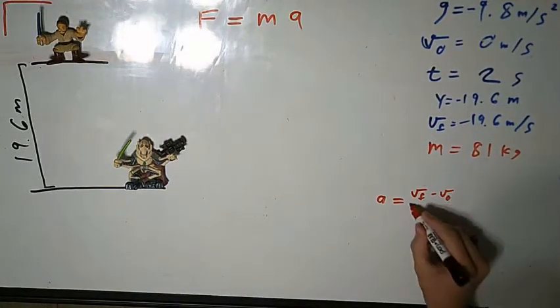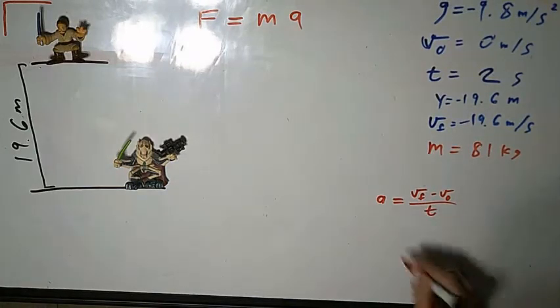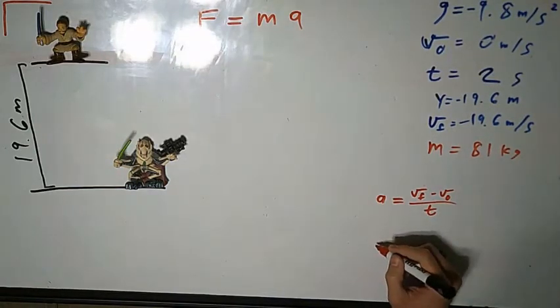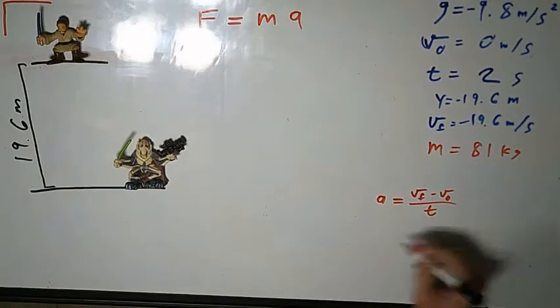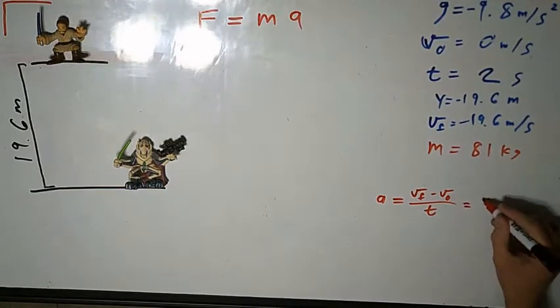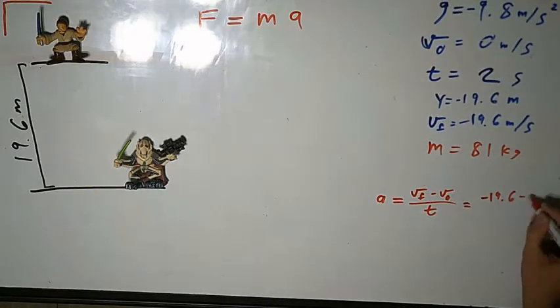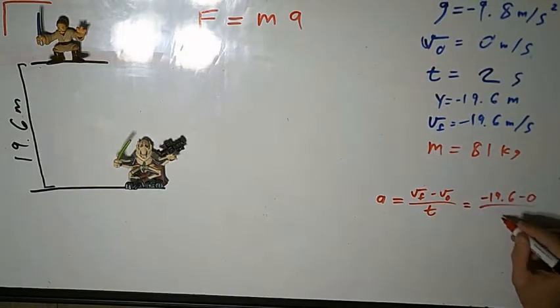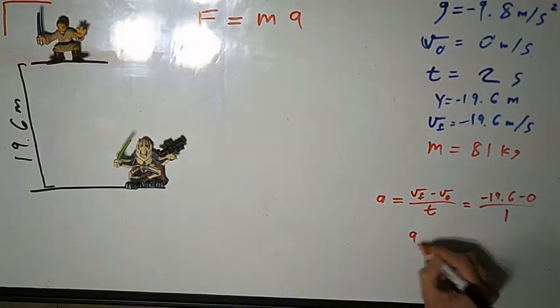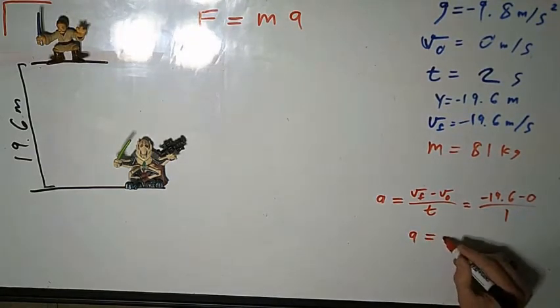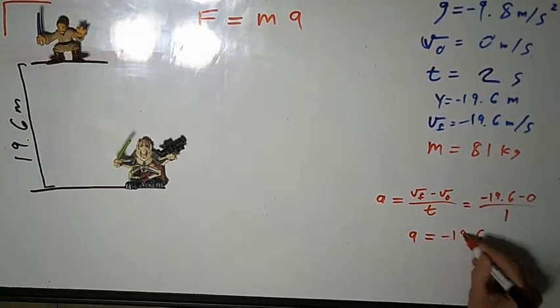Acceleration is equal to velocity final minus velocity initial, the change in velocity over time. So our acceleration is equal to negative 19.6 meters per second minus 0 meters per second. Because we can't divide by 0, but I want to make it as close to instantaneous as possible, and so we have a nice number, I'm just going to put 1 second.